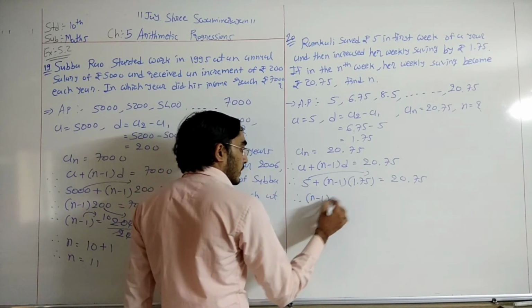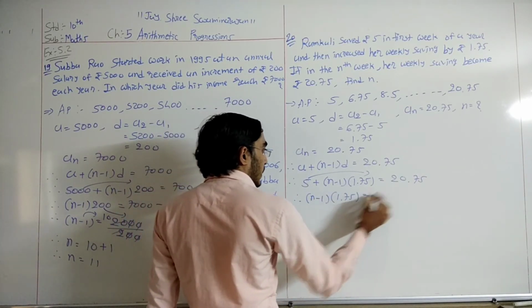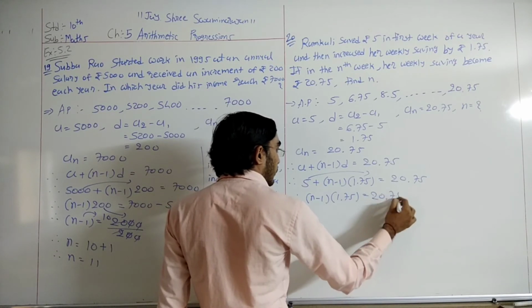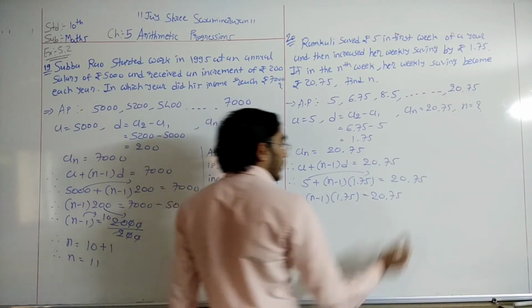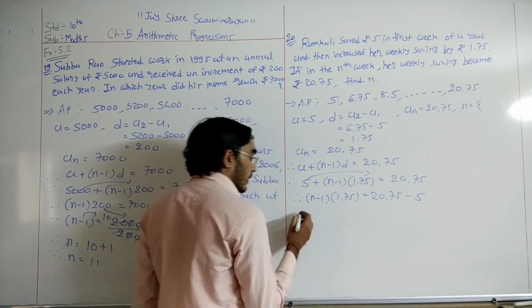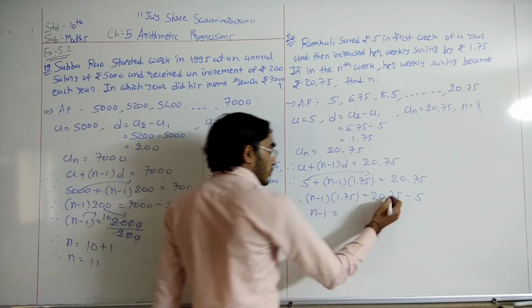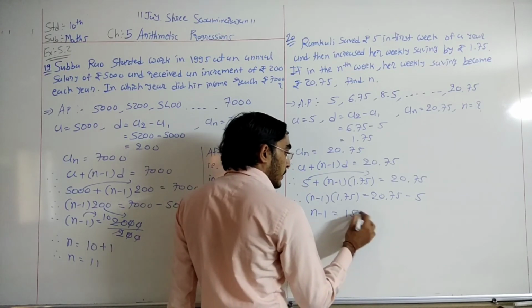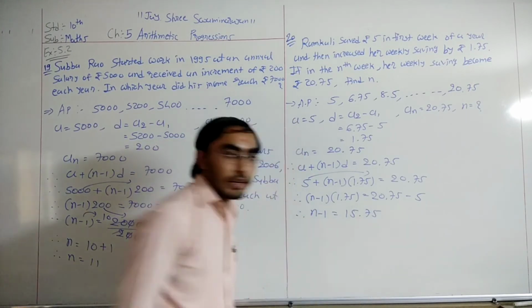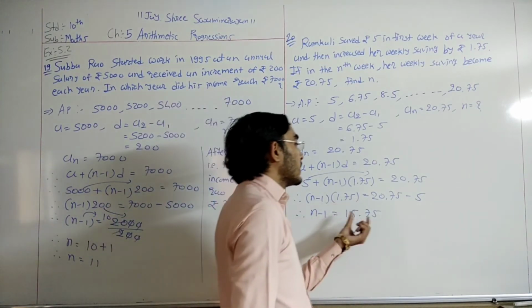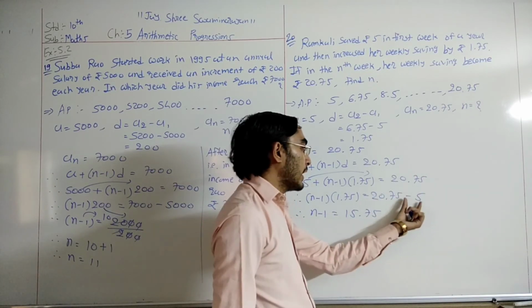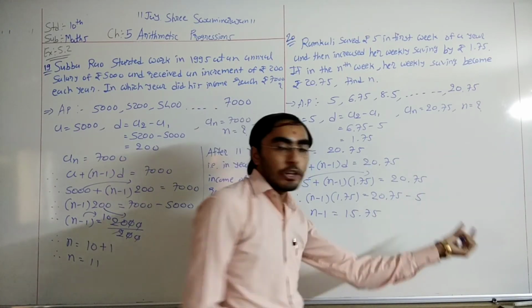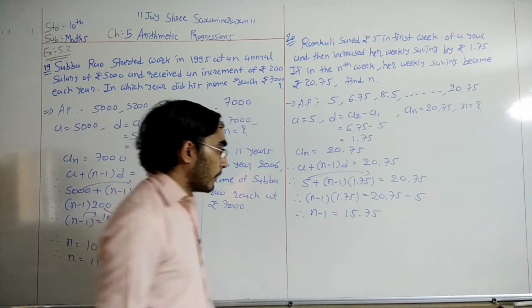So (n minus 1) times 1.75 equals 20.75 minus 5. If we transfer this plus 5 to the right hand side, it becomes minus. Now 20.75 minus 5 is 15.75, right?